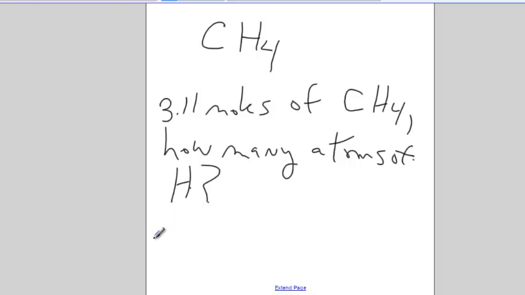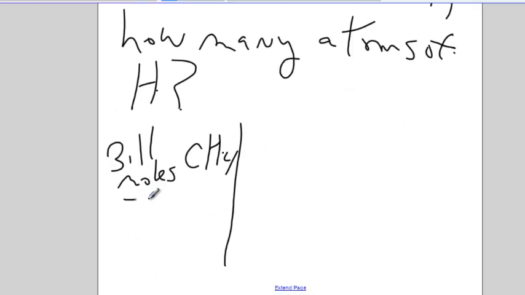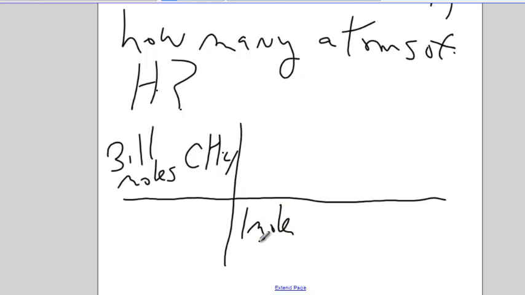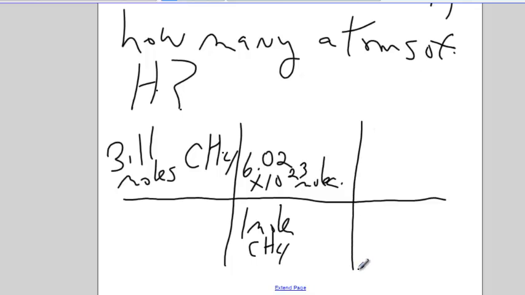Now I can say 3.11 moles of CH4. And we go to molecules now. For every 1 mole of CH4, I know that there's 6.02 times 10 to the 23rd molecules of CH4.